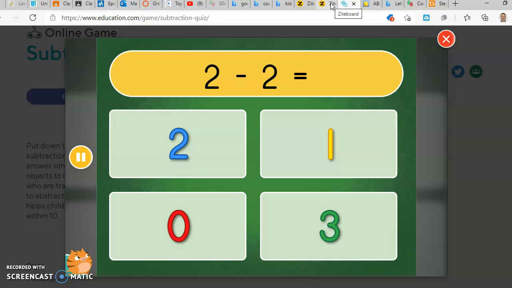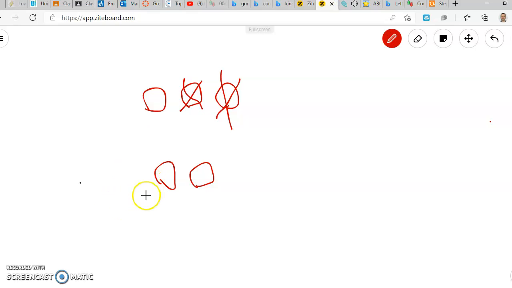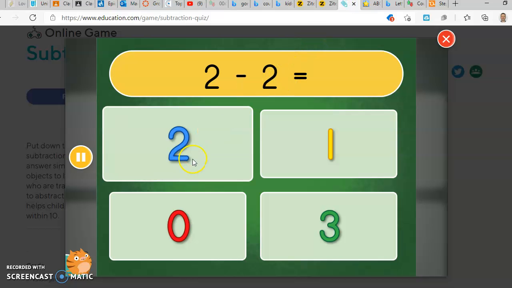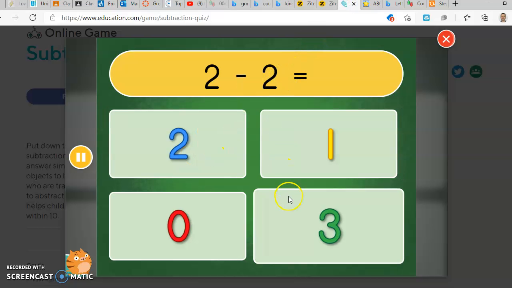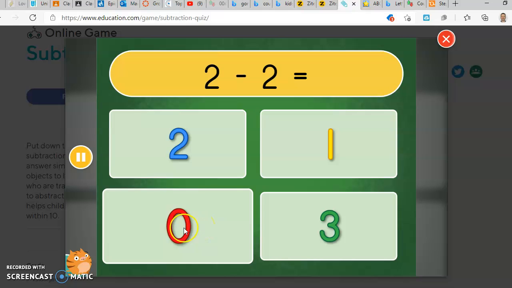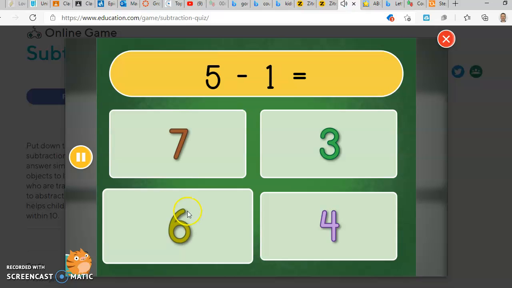If you can't, that's no problem at all. What's actually better is to go ahead and draw it out. Okay, so we started with 2, and then we're subtracting 2. We're taking away 2. 1, 2. How many's left? Nothing. There's nothing left. Okay, so what number represents nothing? 0, right?